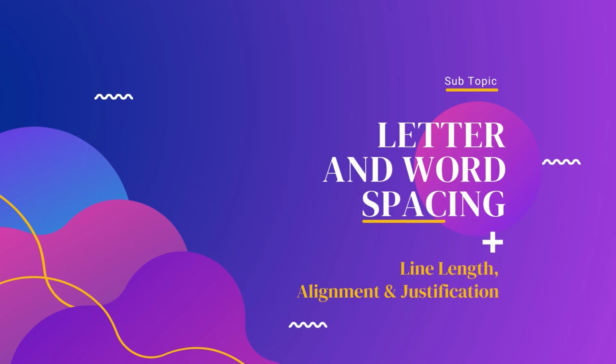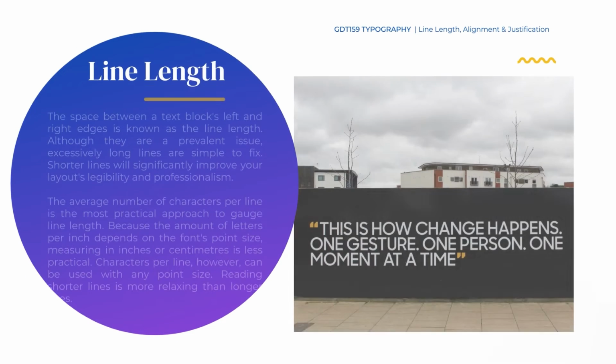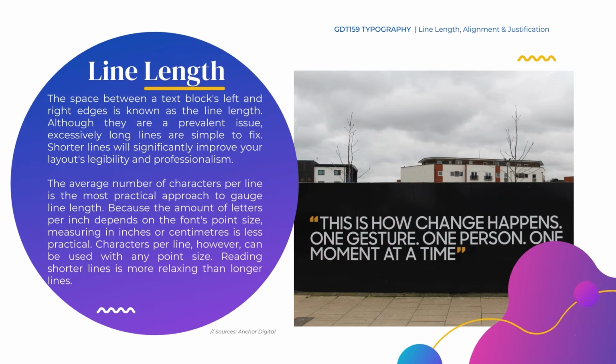Letter and word spacing, line length, alignment, and justification. Line length. The space between a text block's left and right edges is known as the line length. Although they are a prevalent issue, excessively long lines are simple to fix, and shorter lines will significantly improve your layout's legibility and professionalism.